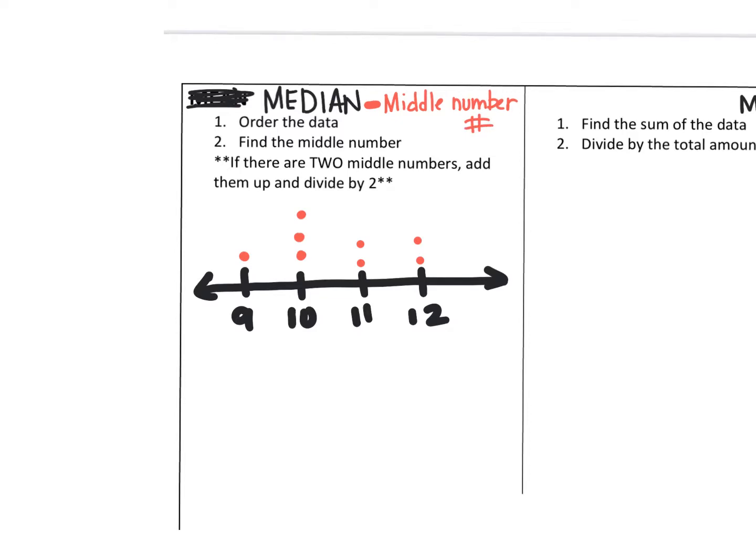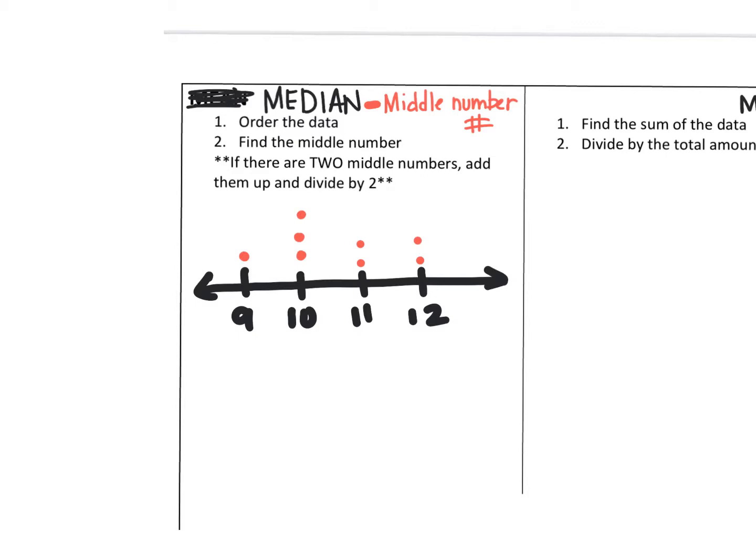Now you can do it a couple of ways. You can start marking them out one by one. You can say, okay, I have one number here and one number here. I have one number here and one number here. That's one way to do it, but that can get a little tricky, especially when you have a lot of dots.